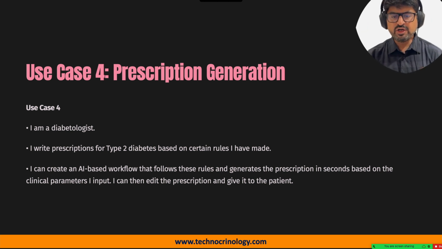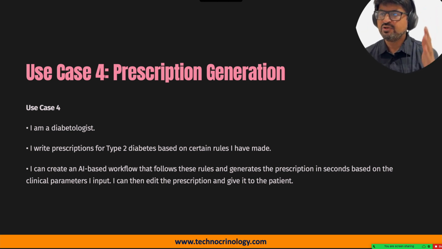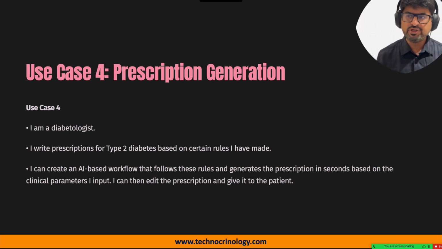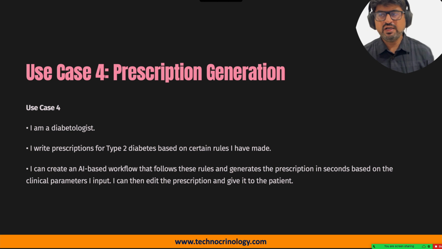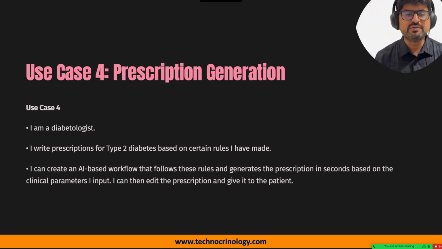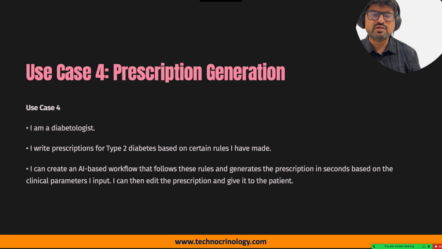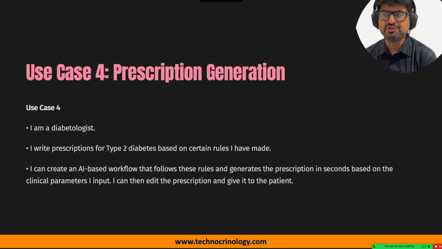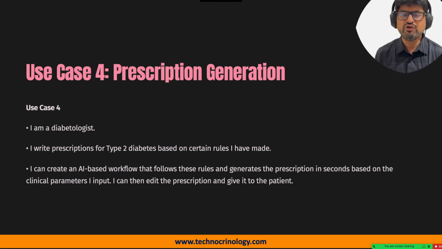You can go through the modules and chapters, and in one of the chapters we have shown what we have made. It is a rule-based computational medicine system where, based on the clinical parameters that you enter, it generates a prescription for the patient for diabetes.